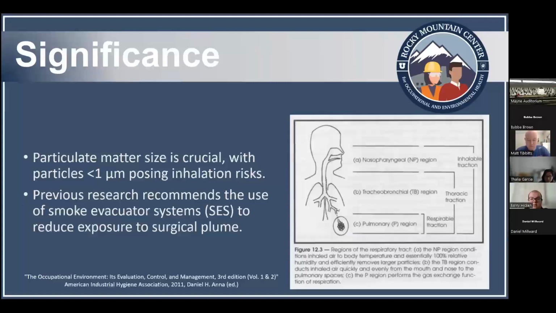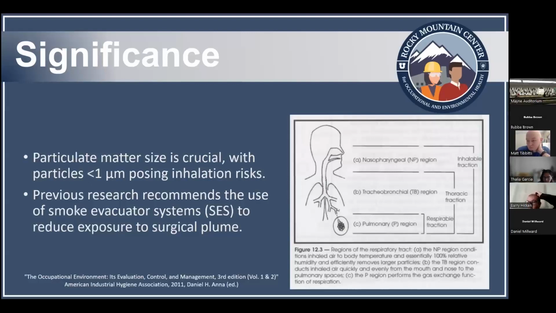So why is it important? I think this diagram is very familiar to many of us, because I borrowed this from the IH class notes. The size matters because the electrocautery creates very tiny particles, roughly 0.07 micrometers in size.